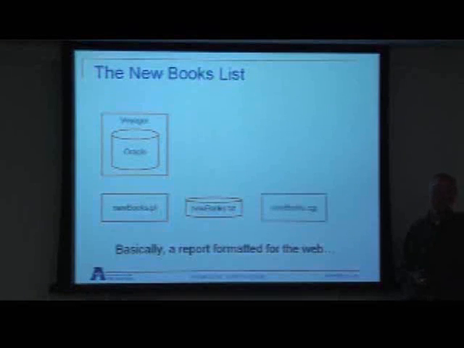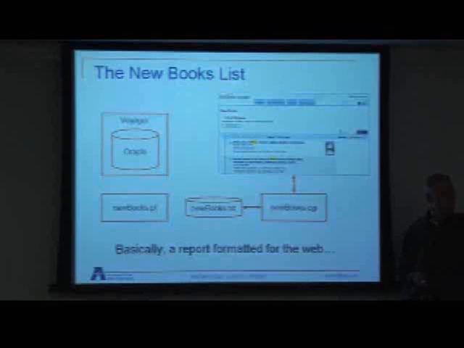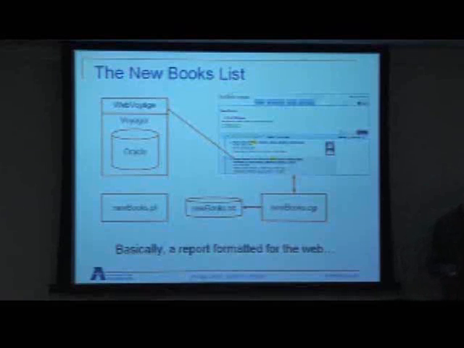There's also a script that serves as the user interface, and it puts a search screen up there for people to search, and then they get results. From the results page, there is a link back to Web Voyage to the actual item, because that's going to have the availability information. So that part of the new books list is not worth talking about.